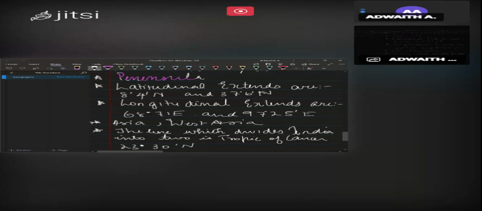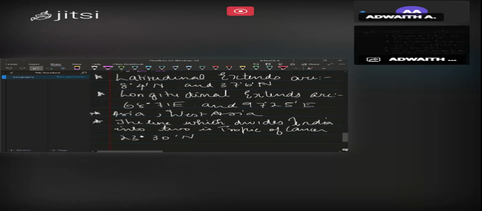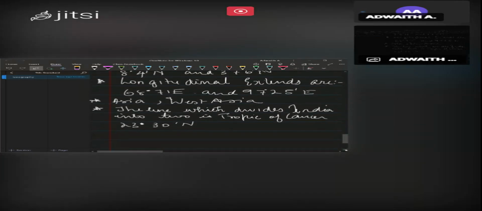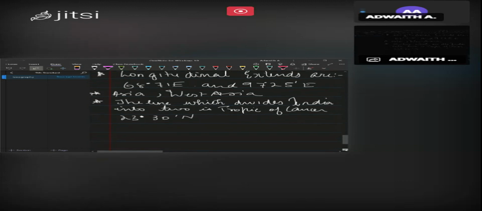Now we will learn about the size, which is very easy. Then we will go through our notes. But did you know the southernmost part of the Indian Union, Indira Point, got submerged in the sea water? The southernmost point is Indira Point.